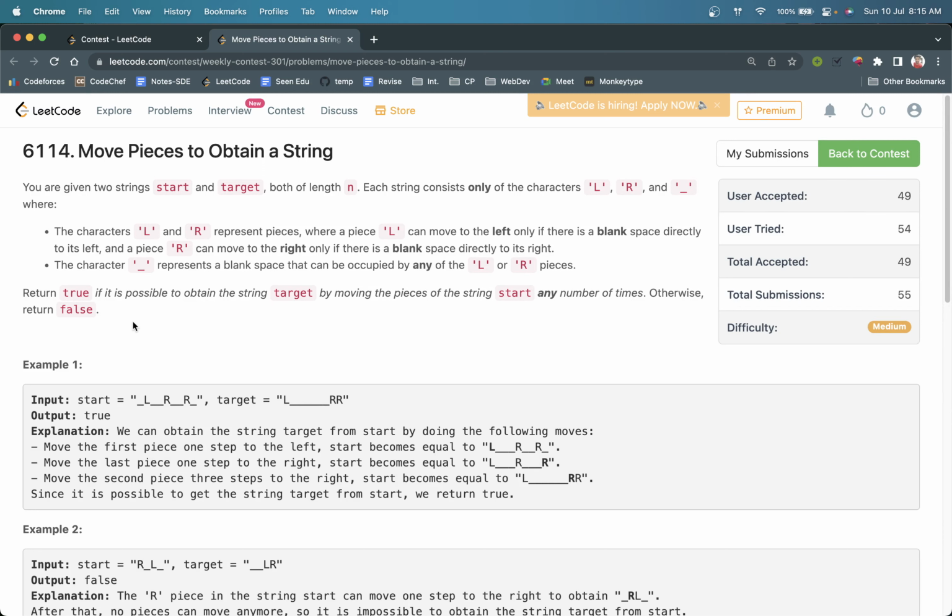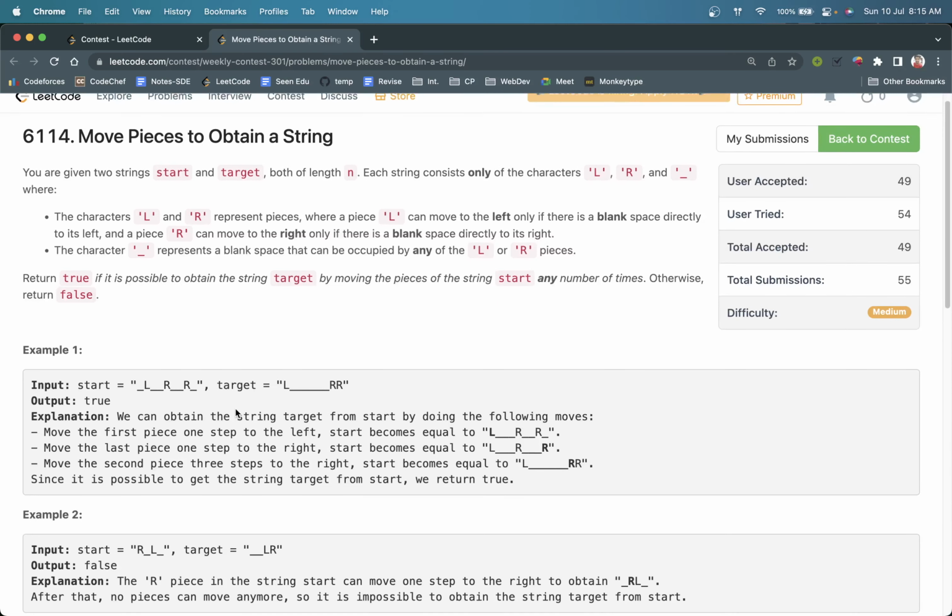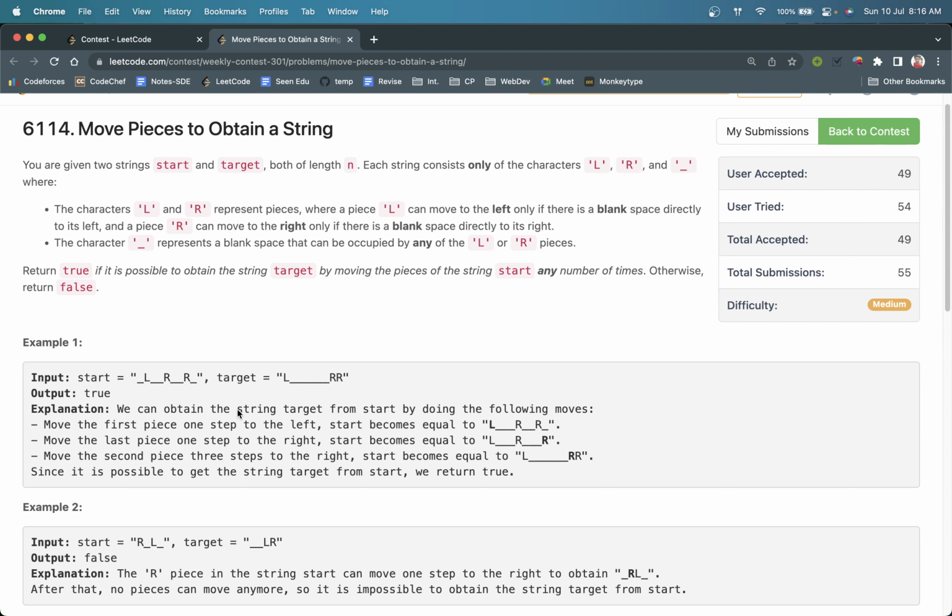Okay, we have to just check if it's a substring or not. Okay, no. We have to check if it's the target or not.